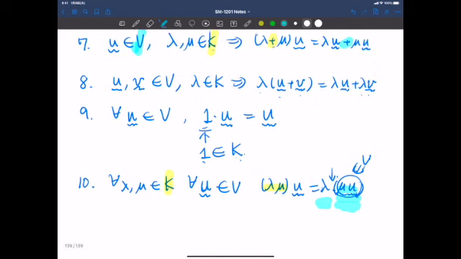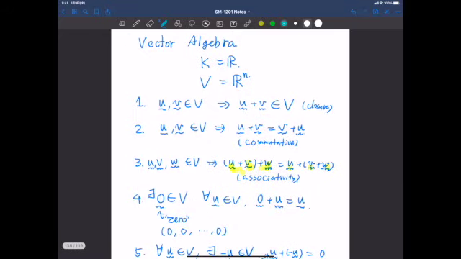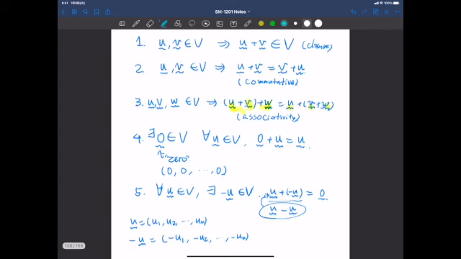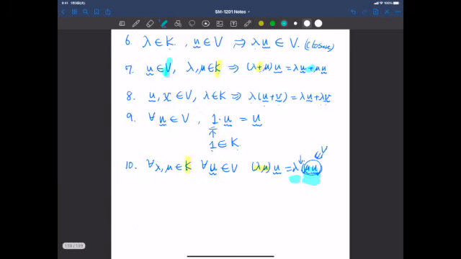Now you may notice the similarity between all these rules and the axioms of a field. But the vector space is not a field. For example, we have a zero element, the additive identity, in the vector space itself, but we don't have a multiplicative identity, something that corresponds to 1, within the vector space. Here we have this 1, but it is not a vector, it is a scalar.